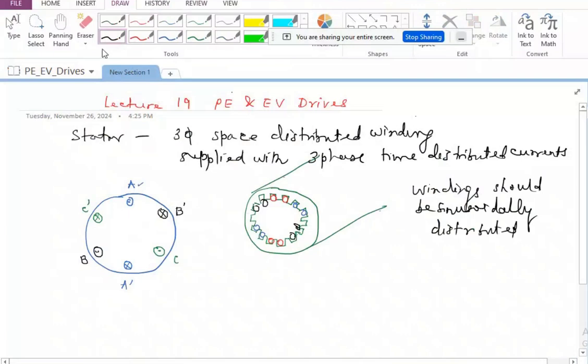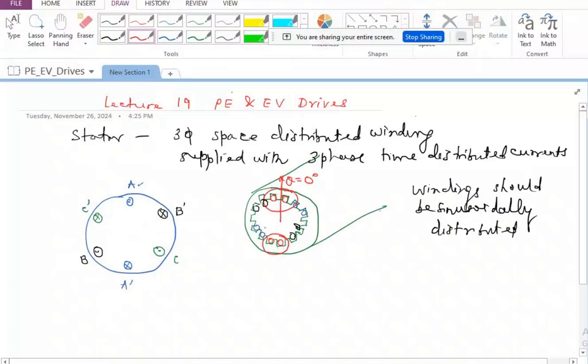If I say that this is theta equal to 0 degrees, so cos theta is 1. The maximum number of A phase windings should exist here, carrying current in one direction, and the maximum number of A phase windings should exist exactly at 180 degrees opposite, carrying the return current, or the current in the opposite direction.